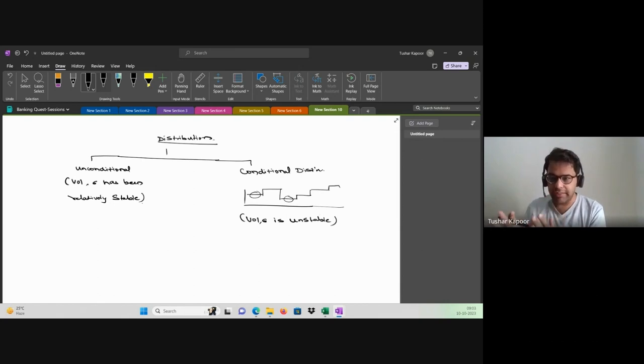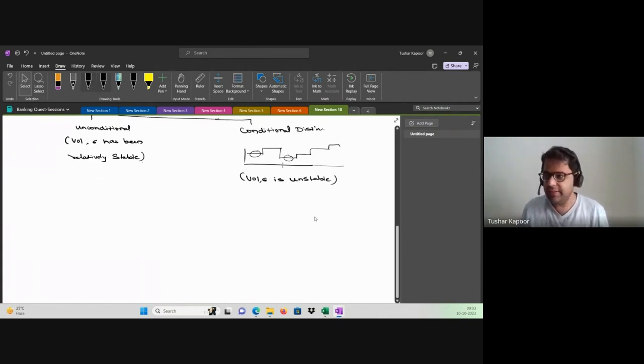So conditional means unstable. Okay, because it is changing, that is where it is called conditional. Unconditional means things were relatively very, very stable. That goes not just for the volatility, but for the mean as well. Let me make a note of it.